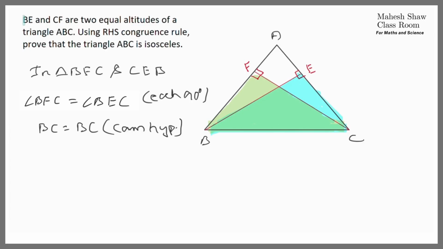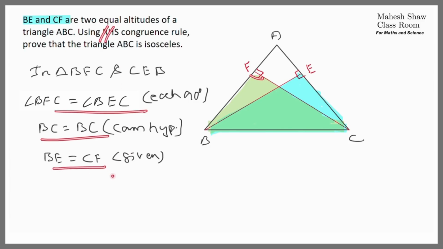And we are given BE equals CF. So you can write BE equals CF. So here you can see that we have taken one right angle, that is R, and then the hypotenuse, which is H, and the side S. So we can say that the triangles are congruent by RHS.